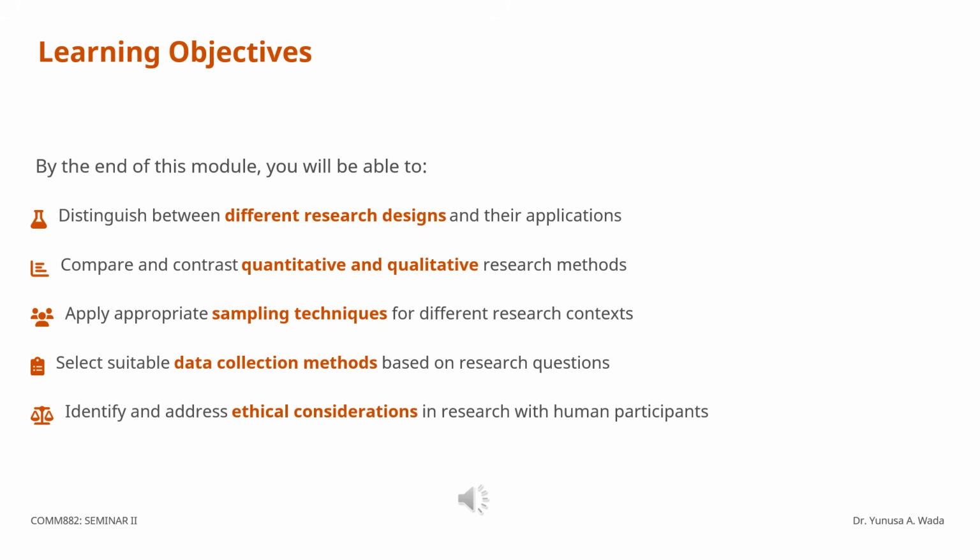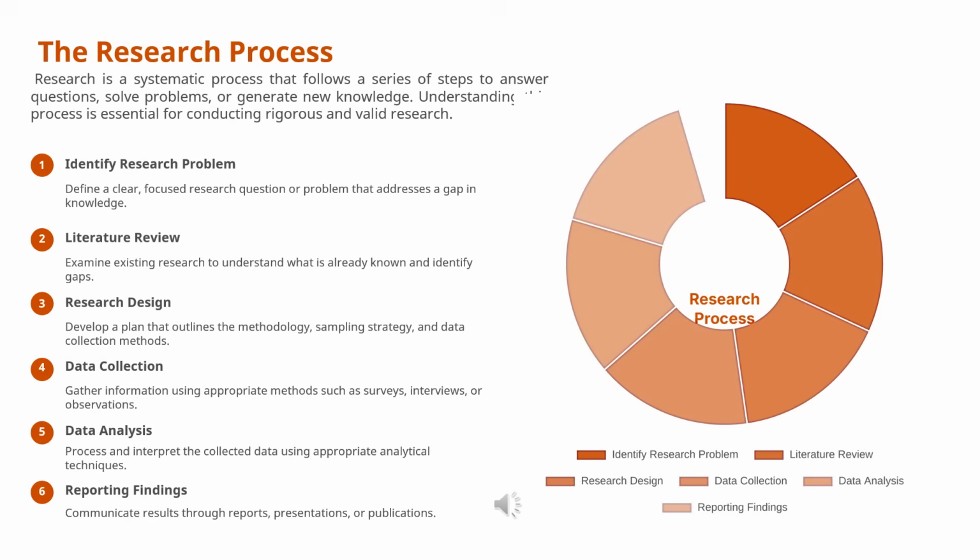So now we look at the research process. The research process, as we have said earlier, is a systematic process that follows a series of steps to answer questions, solve problems, or generate new knowledge. Understanding the process is essential for conducting very rigorous and valid research.